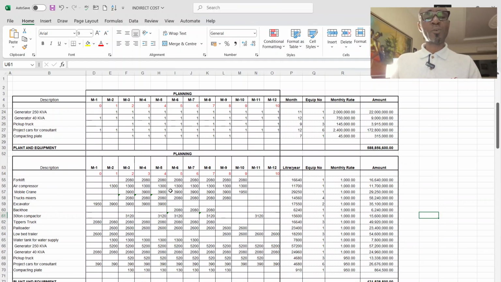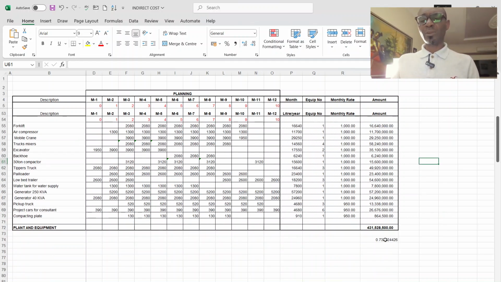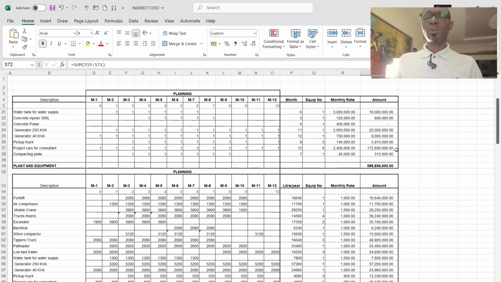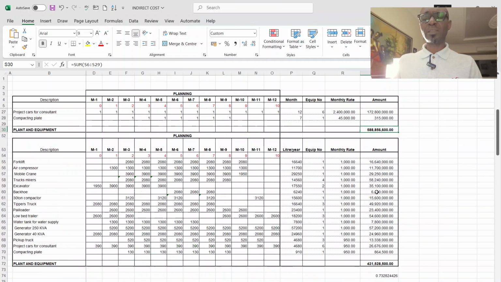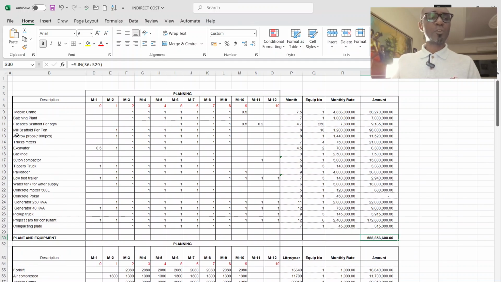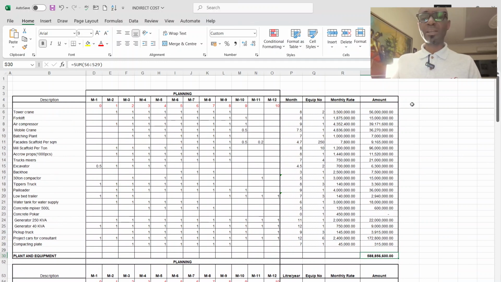And like I said, if you're attentive, I said we should be very careful that this item of cost, that is the fueling, is very expensive, and sometimes it can be as high as 50-60% of the plant cost, depending on the kind of plant you are using. Look at what I just did. I tried to know the percentage of this figure to the cost of plant, even though I have not removed those few items like the crane, 56 million.